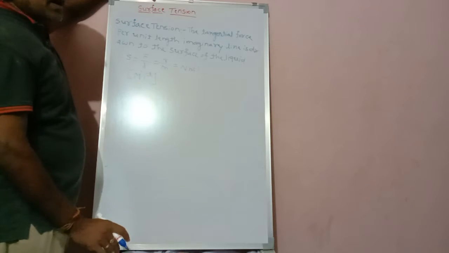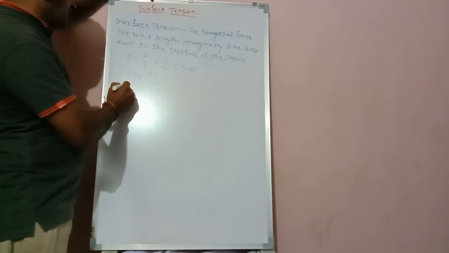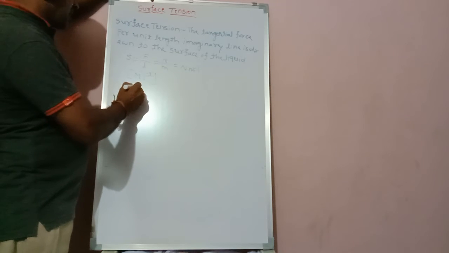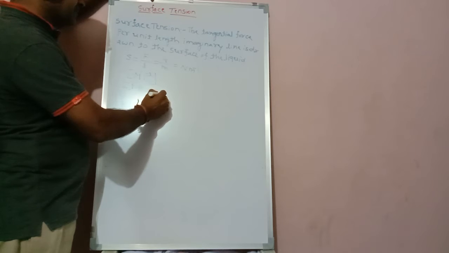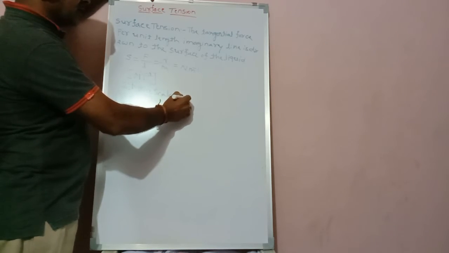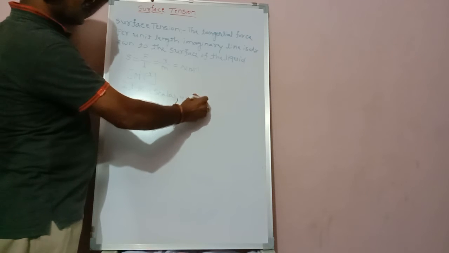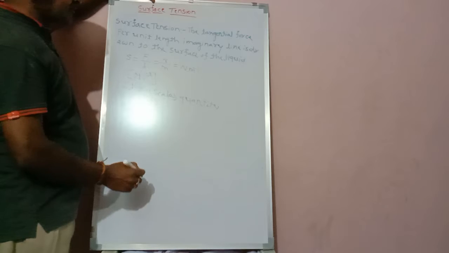This is the dimension of surface tension. And surface tension is a scalar quantity.